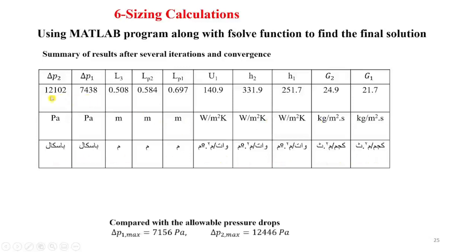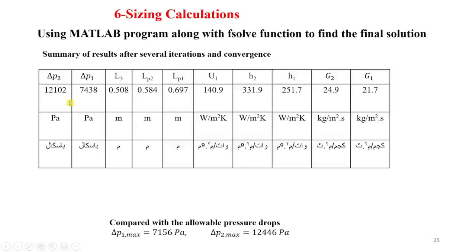If you compare these values, this is for this iteration with the value that is given in the statement of the problem. We know that delta P1 maximum is 7156. The value found here is 7433, a little bit more, but it's up to the designer to allow how much the difference is between the actual value and the maximum value at which the convergence will end.